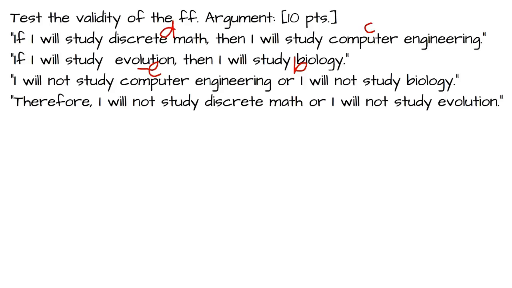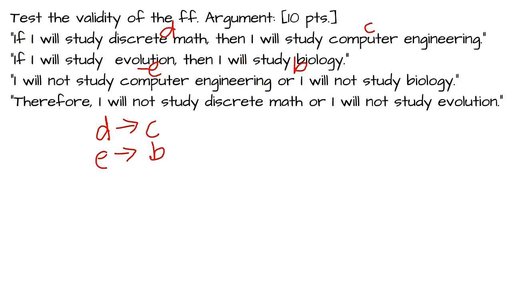So to come up with the logical expression, we have, if I will study discrete math, then I will study computer engineering. So D implying C. Then, if I will study evolution, E implies B, I will study biology.